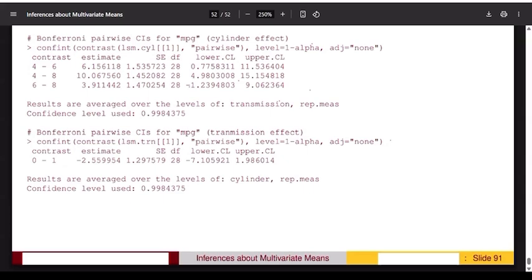And let me tell you what is going to be in midterm two. In midterm two, we're going to have hypothesis testing and confidence intervals involving a single vector mean, two vector means, multiple vector means, all the way to what we want to start on Wednesday, multivariate regression.